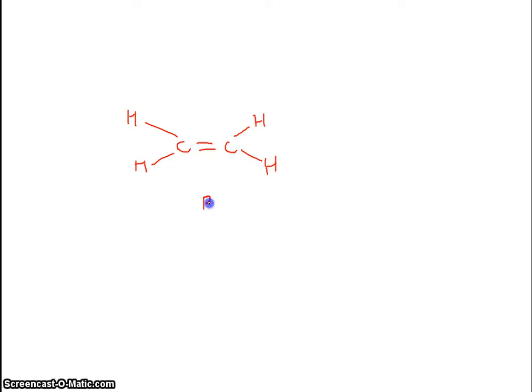So, for example, if I've got a bromine molecule that approaches this double bond, because the double bond has a region of high electron density because of the pi bond over this double bond, that region of electrons will polarize this bond.